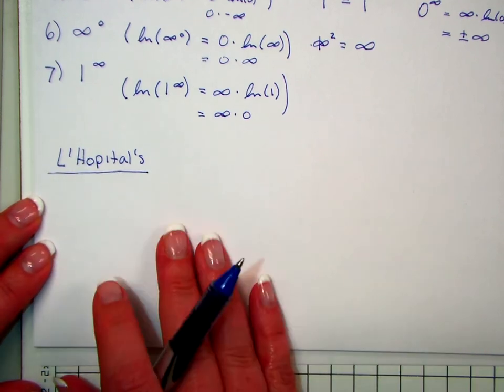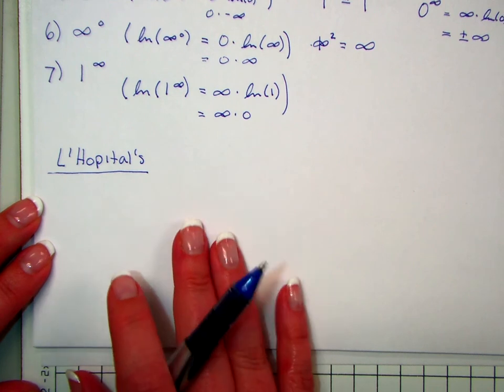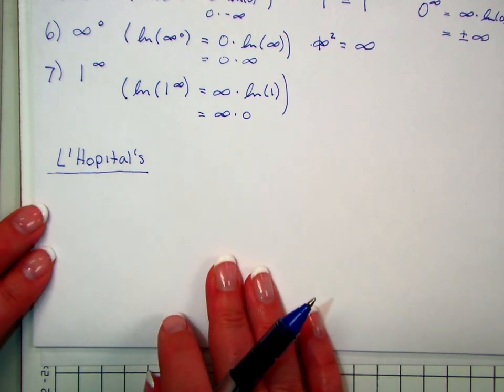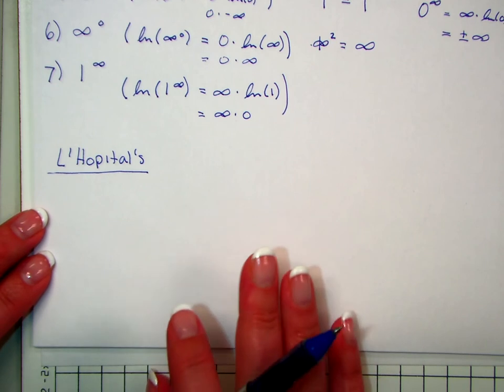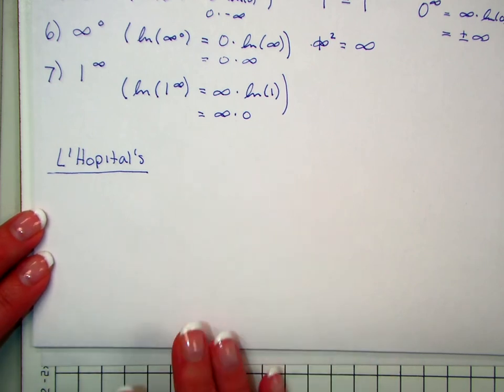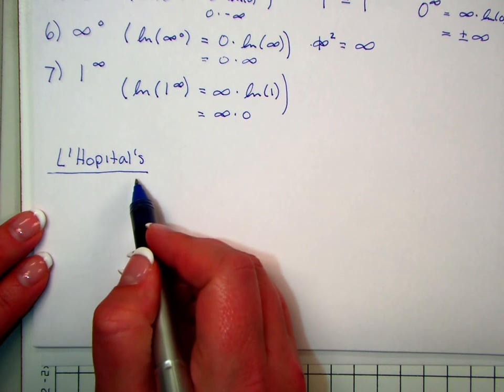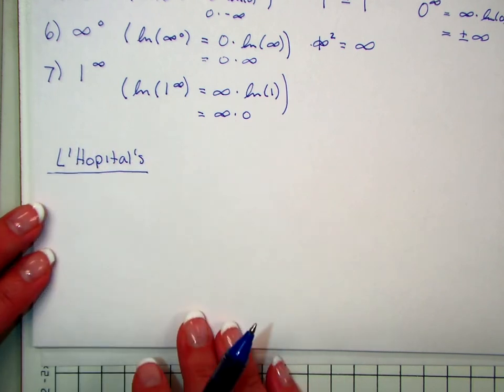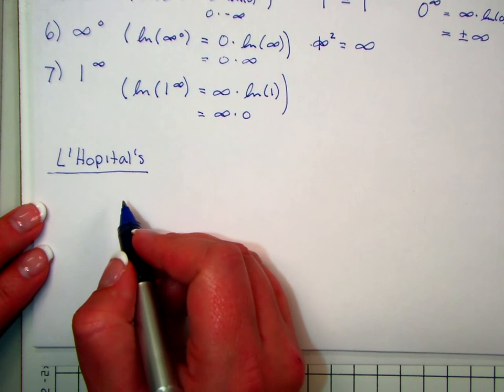But this is a useful way to determine limits that previously we had to do with a table, or factor, or divide by the highest powered x in the denominator. We used a lot of strategies, but really L'Hopital's rule was our end-all rule.